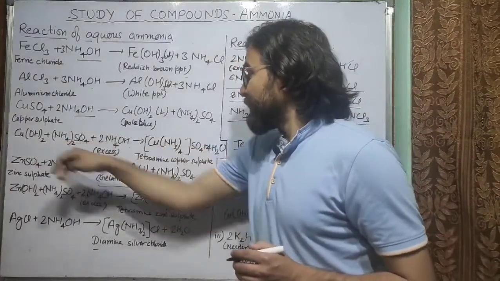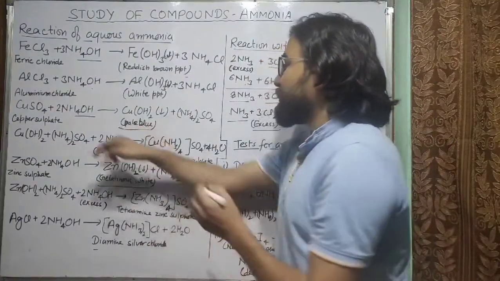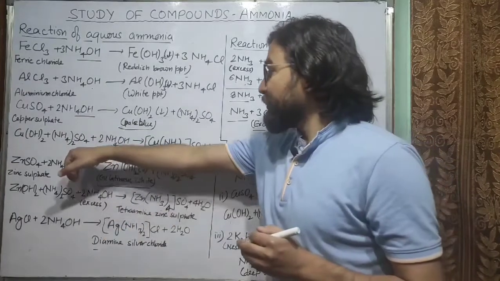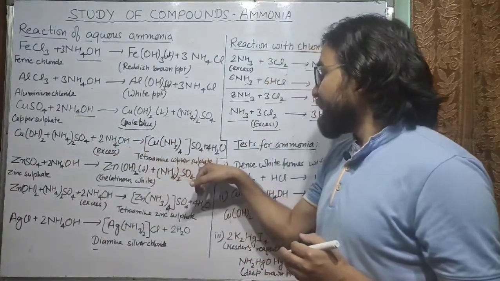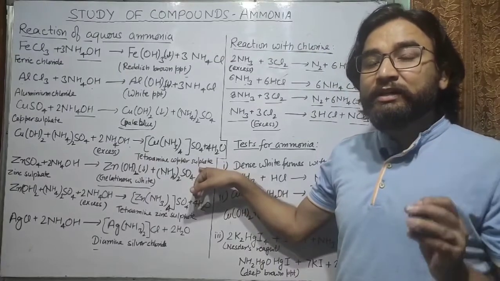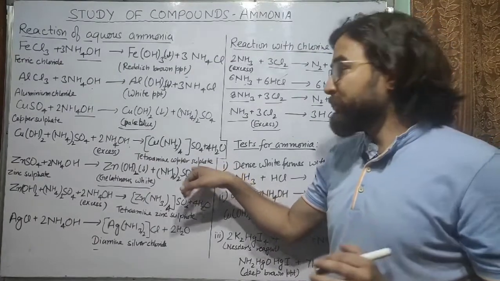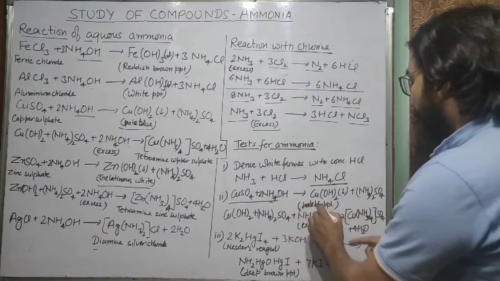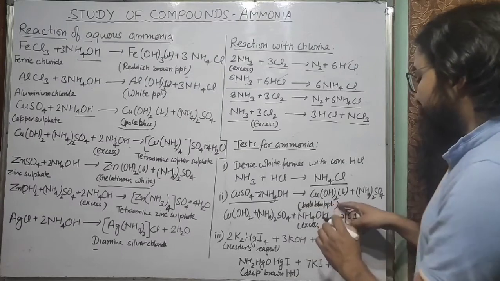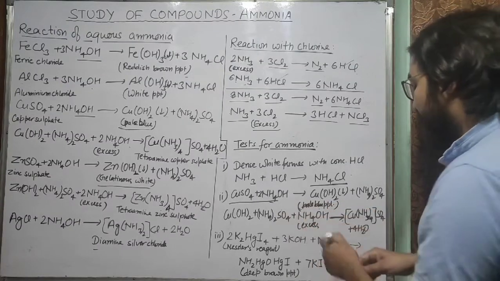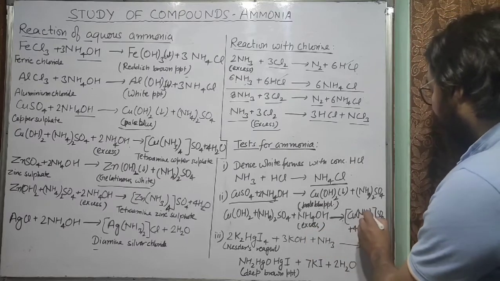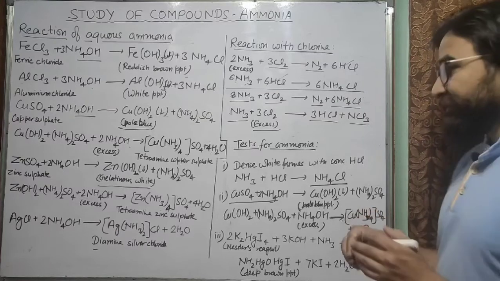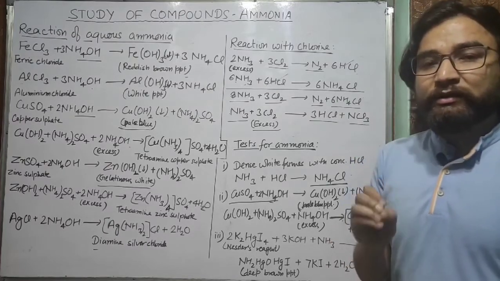Now the next test is this. We know that copper sulfate forms a pale blue precipitate with ammonium hydroxide. On further reaction with excess ammonium hydroxide, it will form tetraamine copper sulfate, Cu(NH3)4SO4, which is a deep blue solution.